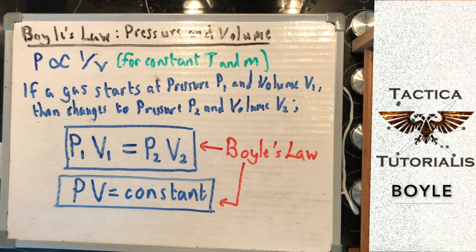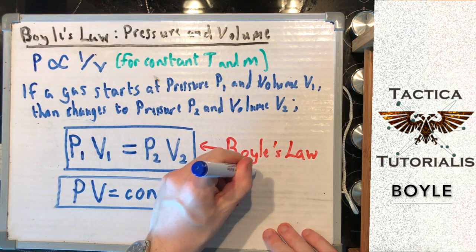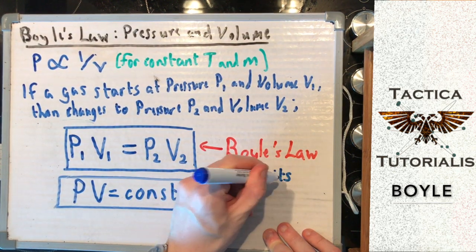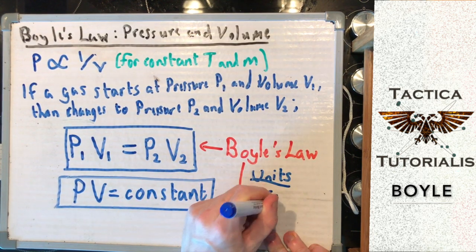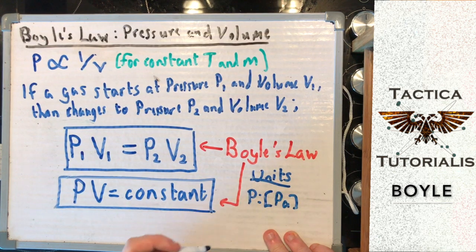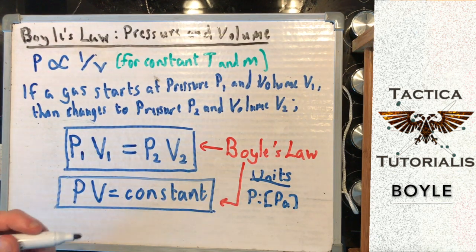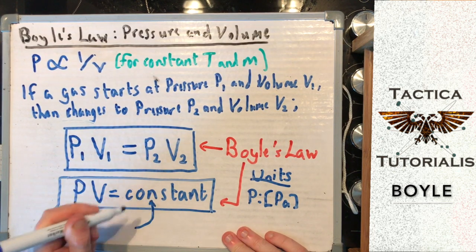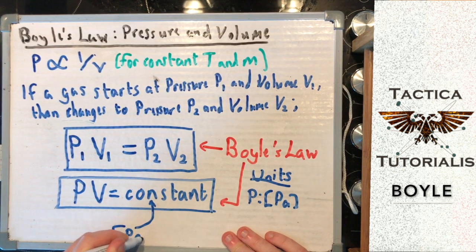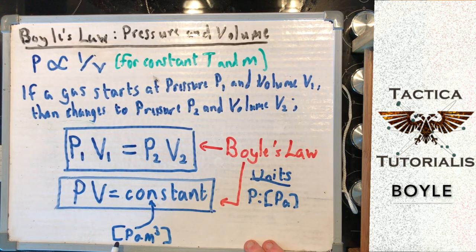So the last thing to establish before I show you some calculations that you can practice is the units. Now, we already established earlier that P is in Pascal. And typically when you establish this constant, this will be in Pascal meters cubed rather than newtons per meter squared.